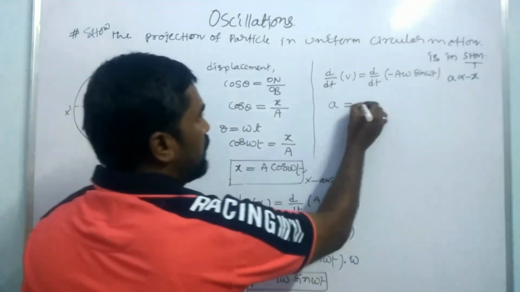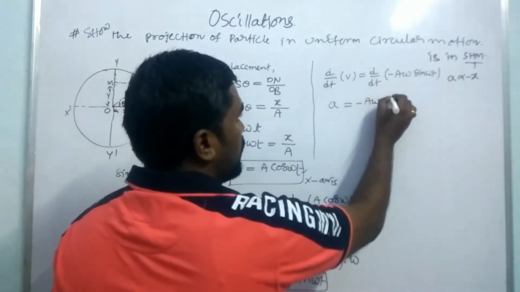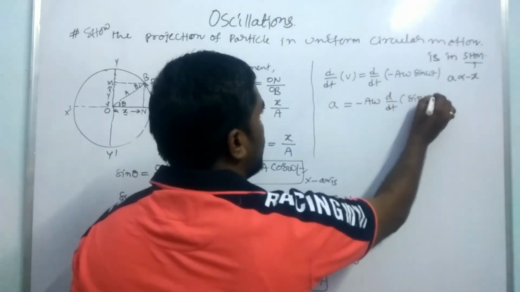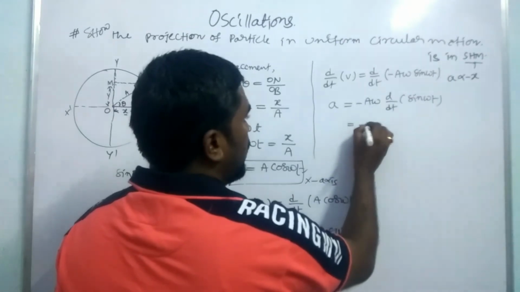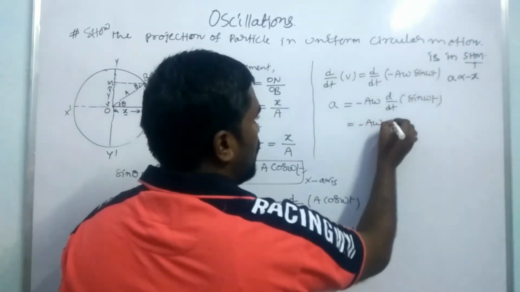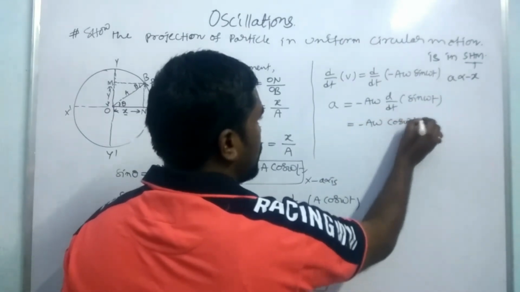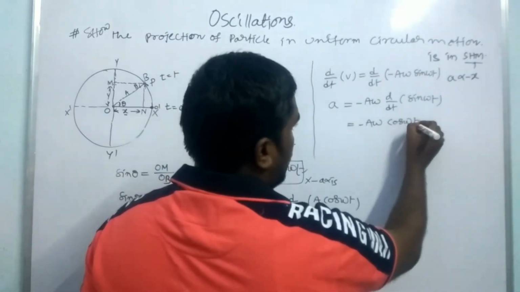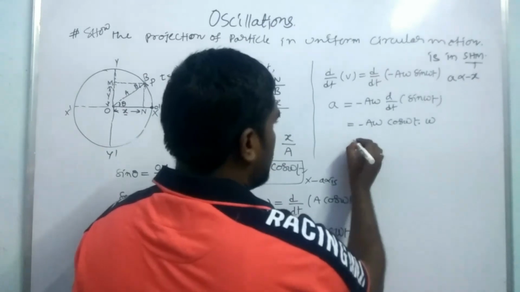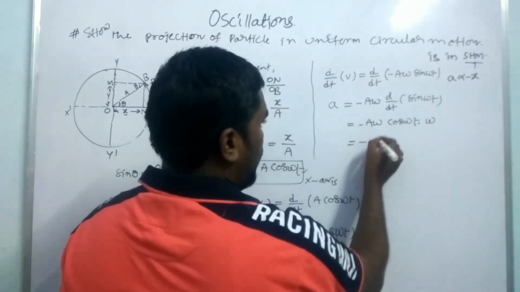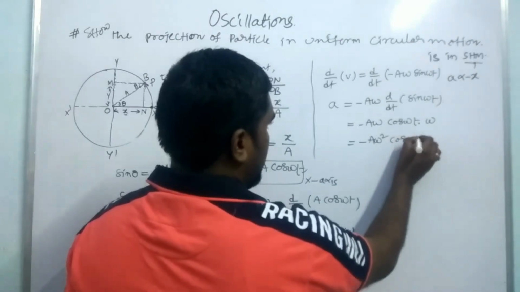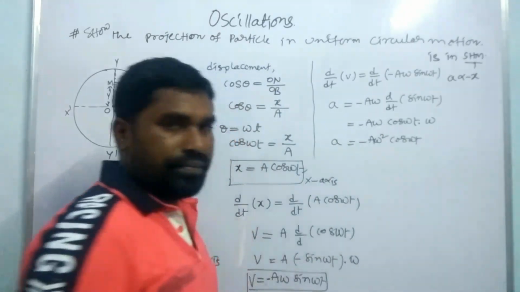Minus a omega comes outside, where d by dt of sin omega t is cos omega t, and omega t with respect to time gives omega. So omega into omega is omega square, giving a is equal to minus a omega square cos omega t.